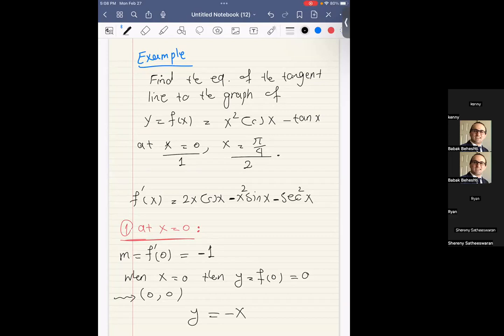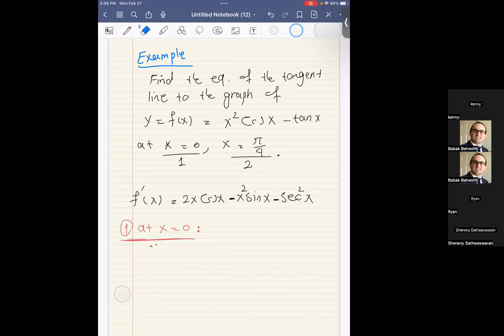Now, what if x equal to pi over 4? So that's another question. Let's do it for x equal to pi over 4. What would be the slope m?